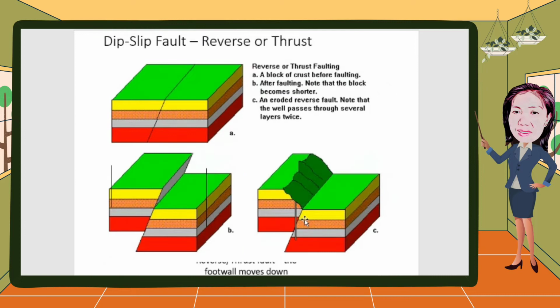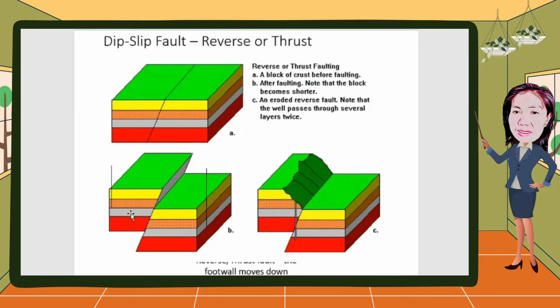How about a reverse? So at first, this is the formation of the two plates or rocks having a fault or a break or a fracture between. So after they are moved towards each other, what happened to the hanging wall? It is lifted.